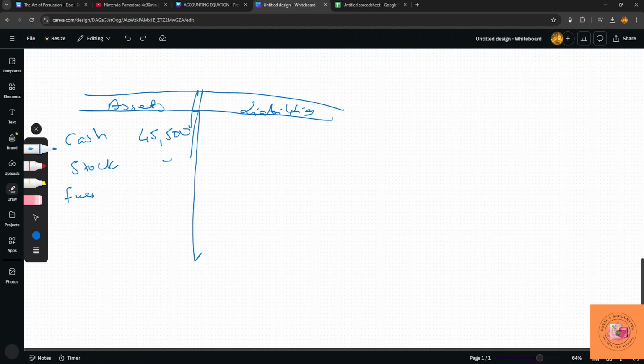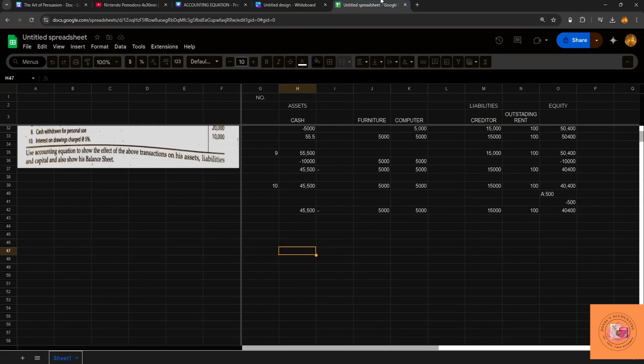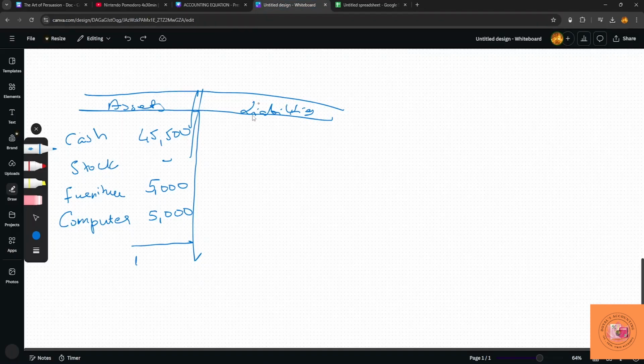Furniture worth 5,000, and then what was the other one? Computer. We purchased a computer worth 5,000. You won't write the total yet. Now, under liabilities, we have creditors, outstanding rent, and our equity.